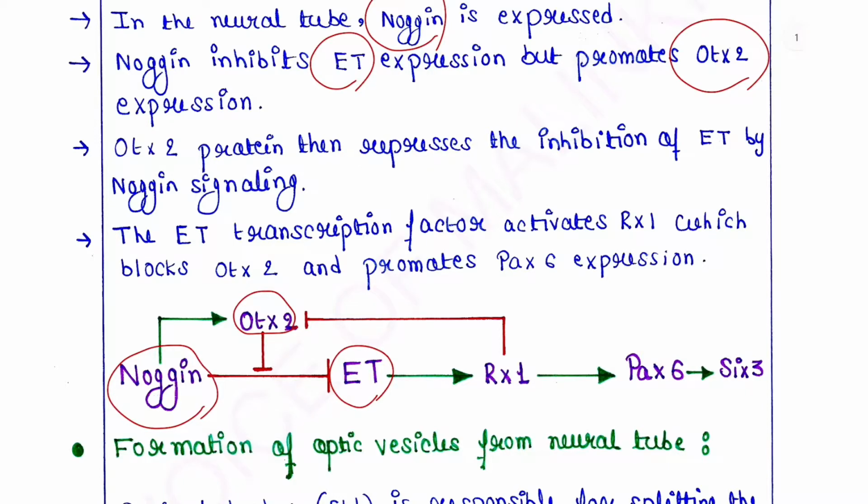Now OTX2 protein then represses the inhibition of ET by noggin signaling. So here we can see that ET is getting inhibited by noggin, and that inhibition is repressed by OTX2. The ET transcription factor activates RX1. So RX1 is getting activated by ET, and RX1 blocks OTX2.